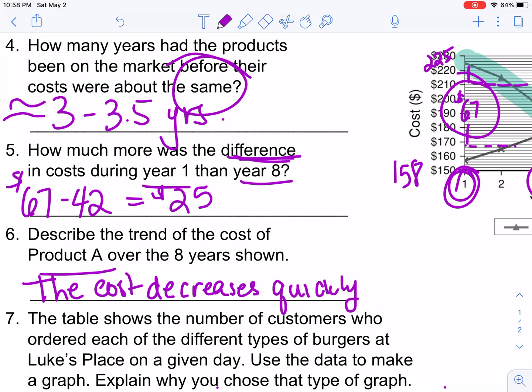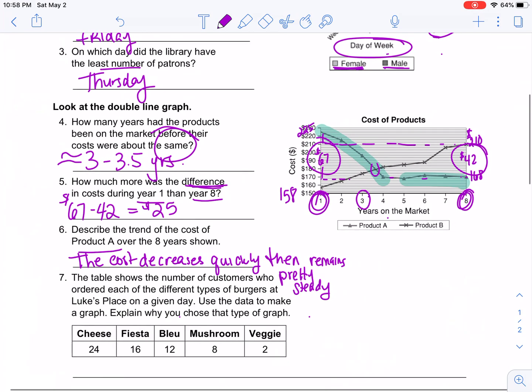And it looks like product B just steadily increases and definitely has a bigger jump between year 6 and year 7.